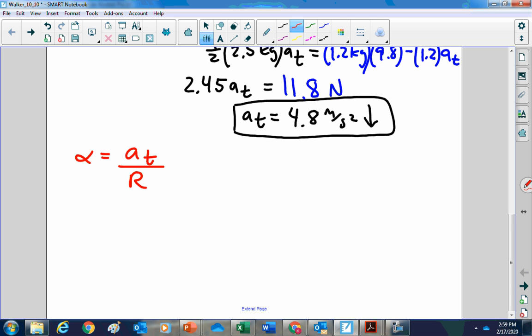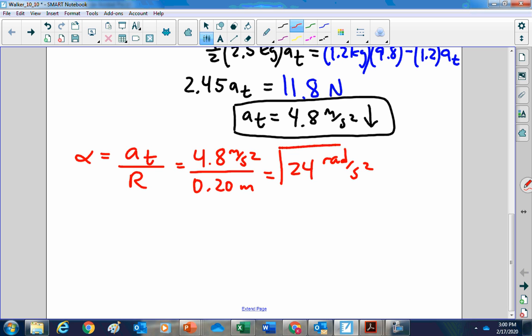So I would take 4.8 and divide by the radius, which was in centimeters, so make sure you make it into meters. When you do that, you end up getting around 24.